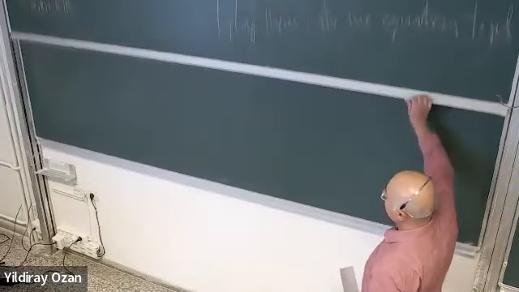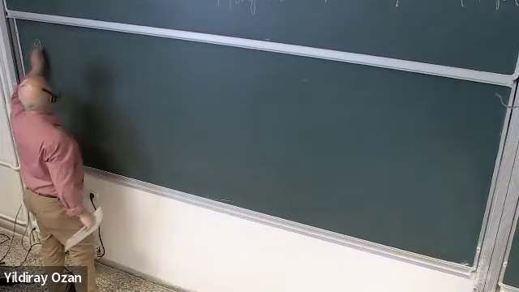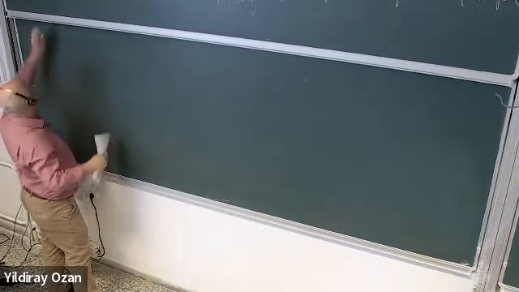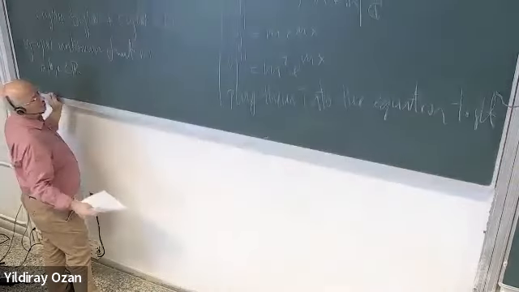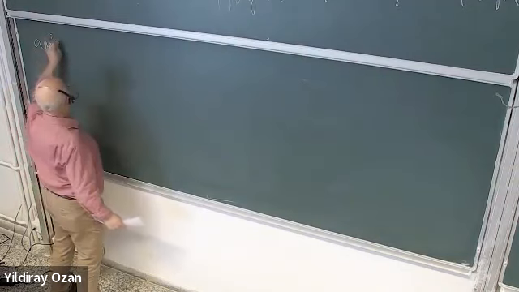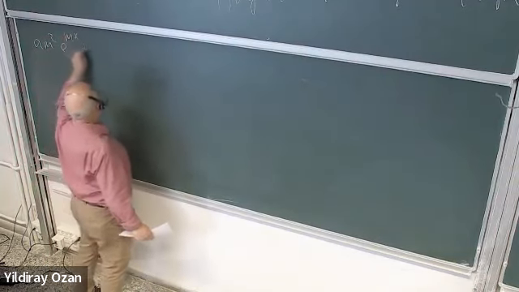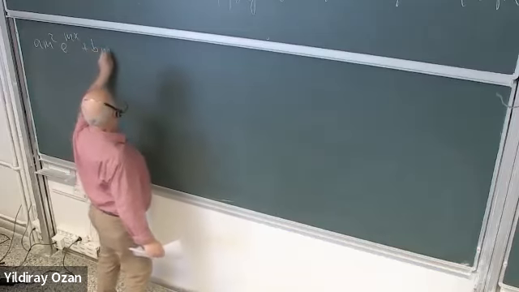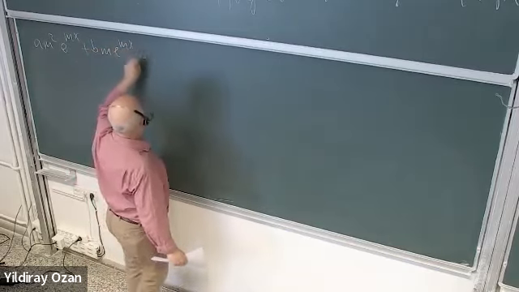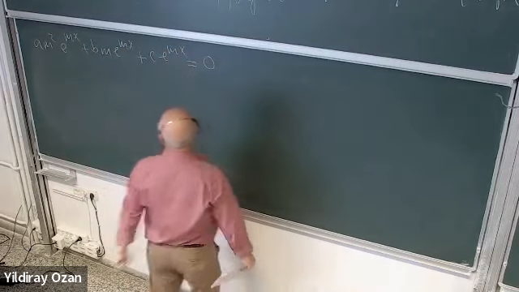We will get a times second derivative. Second derivative is just m squared e to the power mx, right? So a m squared e to the power mx, and then b times m times e to the power mx plus c times e to the power mx equals 0.